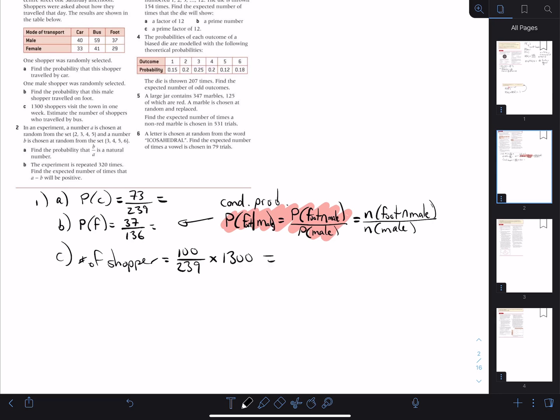And this would give you your number that you're looking for. So since I have my calculator here, I'll do the calculation. So I'm expecting 543.9, so I'll say 544. 3 significant figures. So that's how I would do that.